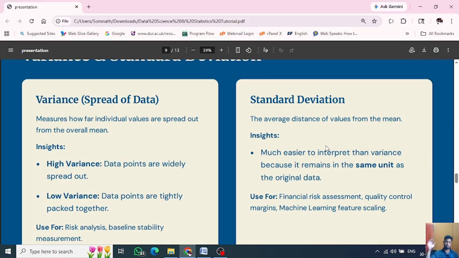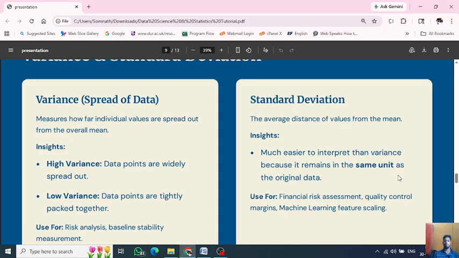Now standard deviation. Standard deviation is the average distance of values from the mean. It helps you understand the variance. It's much easier to interpret than variance because it remains in the same unit as the original data.